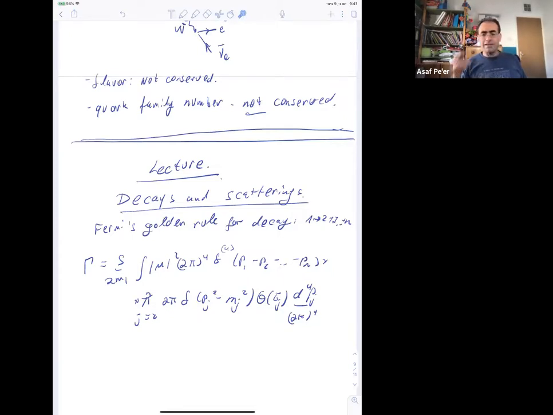Again, I'm hesitating whether I should give you the derivation of Fermi's golden rule, because you learn it in the non-relativistic version in the quantum mechanics course, and in the relativistic version in quantum field theory. The non-relativistic is fairly straightforward. I kind of told it to you in the tutorial. You start with an initial state psi i, you end up with a final state psi f, which is different than psi i.